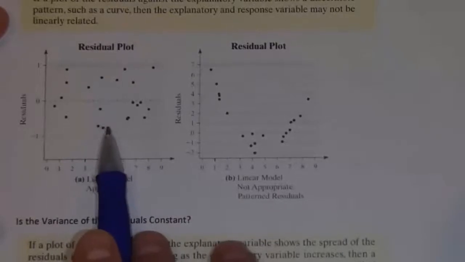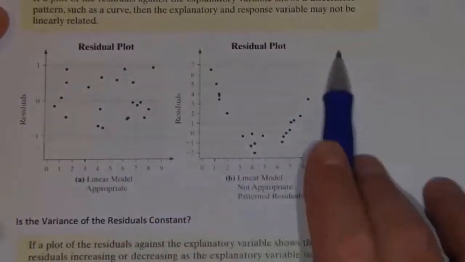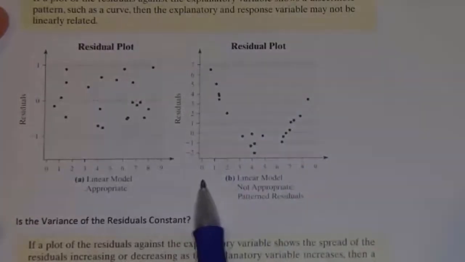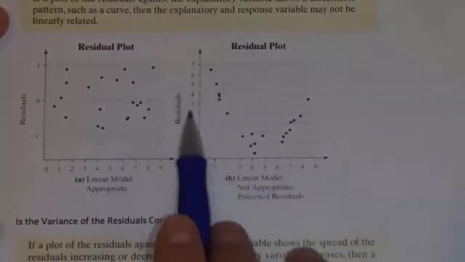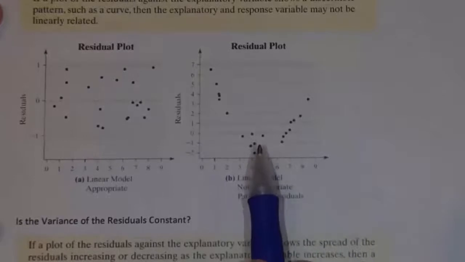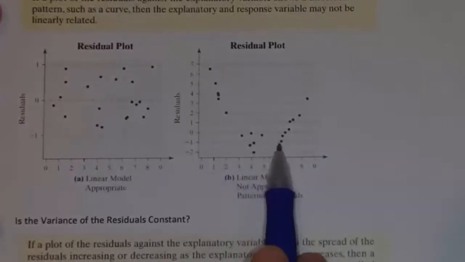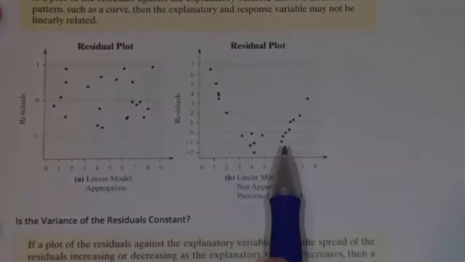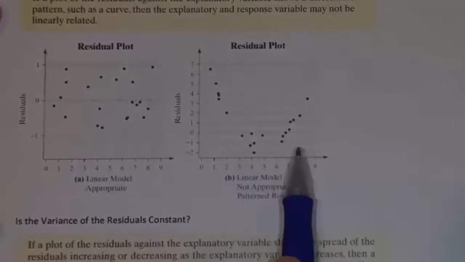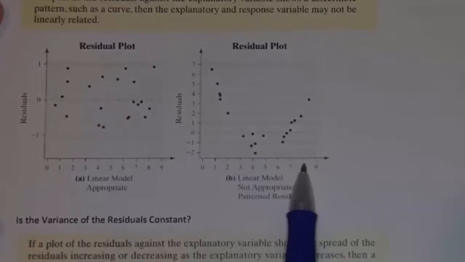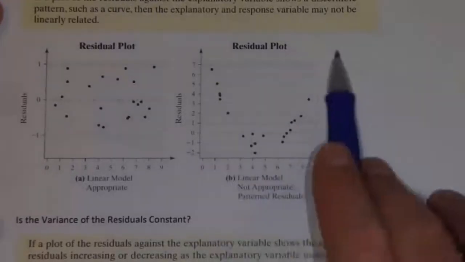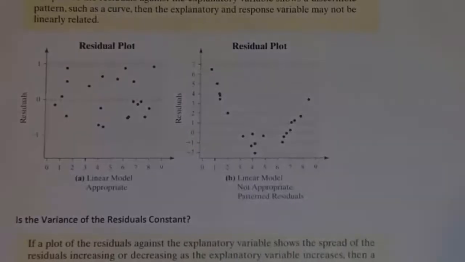This is what I want to see, no pattern. If I see some kind of a pattern such as this, down and up like a curve or something, that is a problem. This occurring in the residual plots generally would mean that a linear model is not appropriate, regardless of what the correlation coefficient told us. So if you see any kind of a pattern such as this, that's a problem.